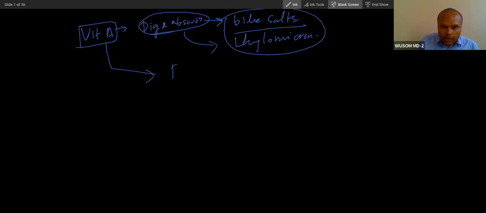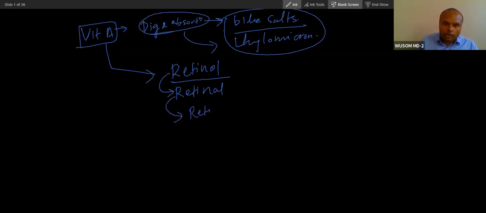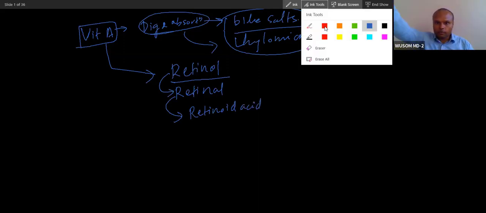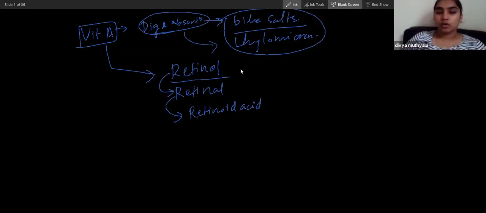First is retinol, the alcohol containing form. Second is a slightly more oxidized form, retinal. And the third, the most oxidized form, is retinoic acid. Did you understand these three forms? Retinoic acid is the most oxidized form.